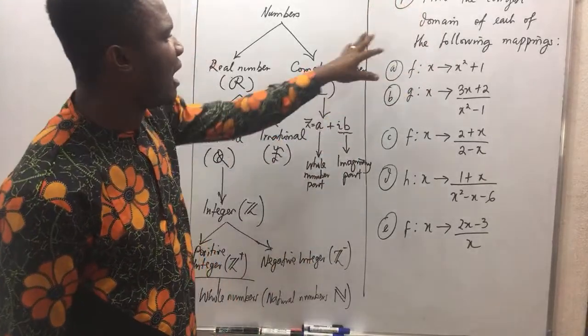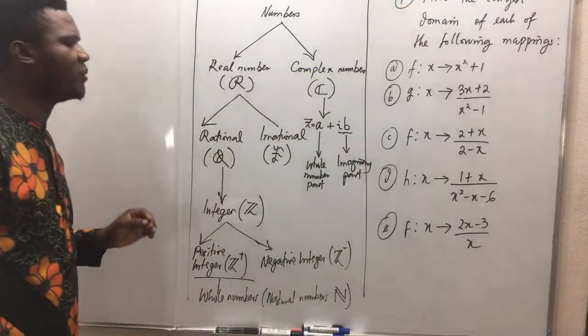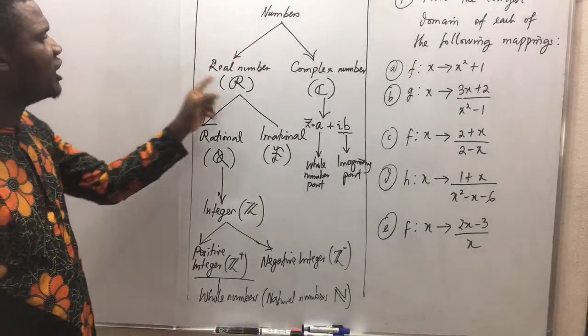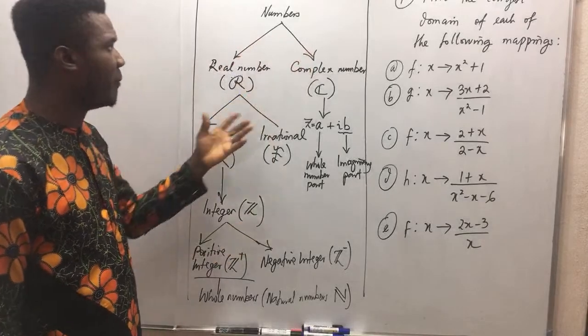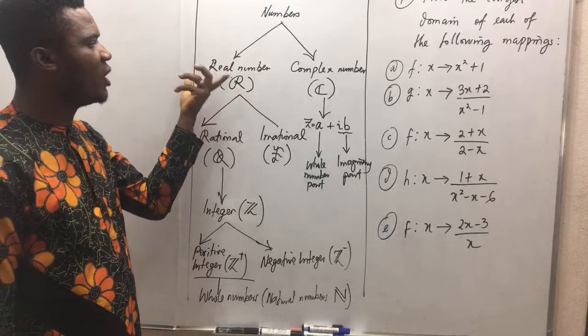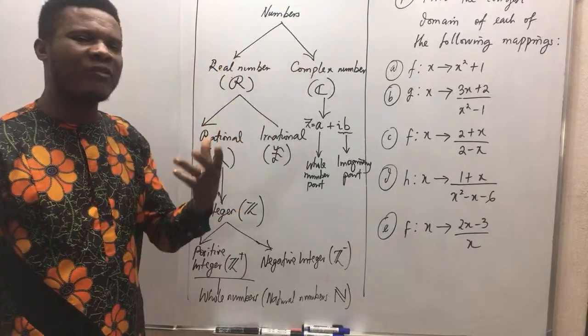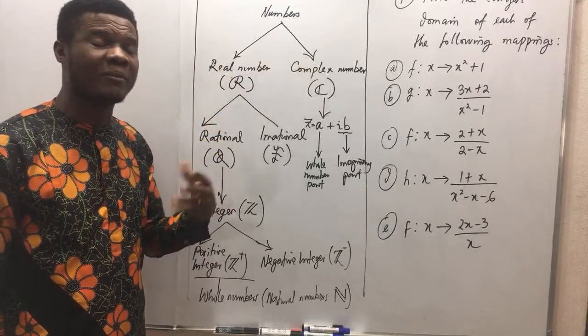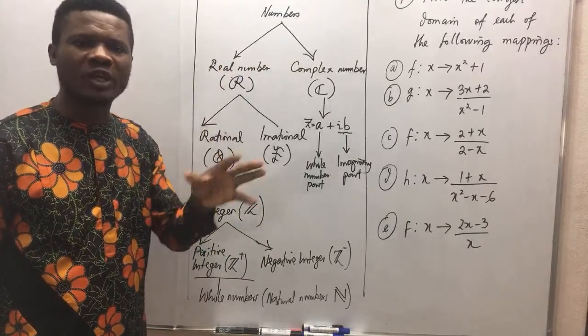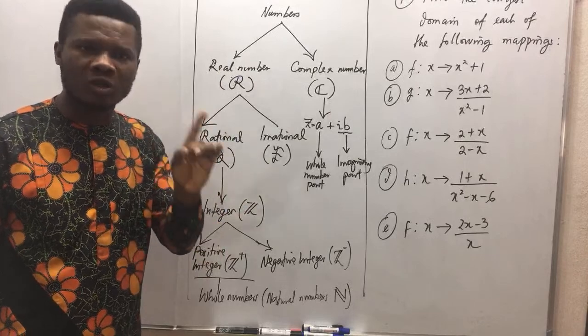Now, another thing I'm going to say before we go straight into solving that problem is this. Please take note. Numbers are split into two different groups or categories, real numbers or complex numbers. Every number system known to man has a symbol that is used conventionally for representing them. You must know those symbols.